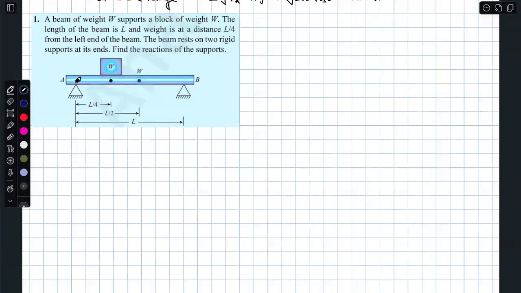If I draw the free body diagram of the rod, you will have one normal reaction. Let this be RA. And the normal reaction here is RB.